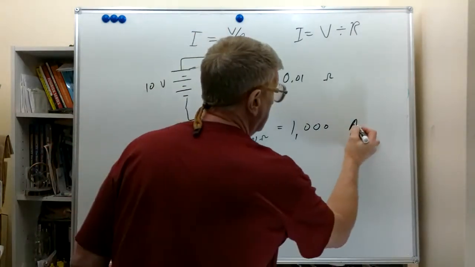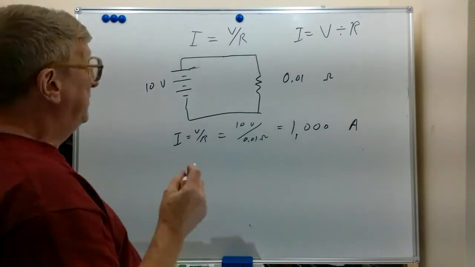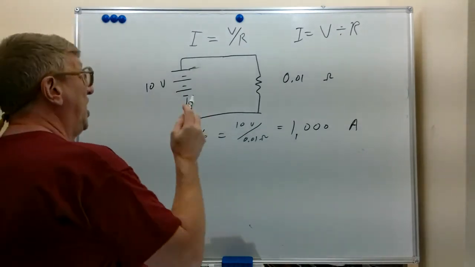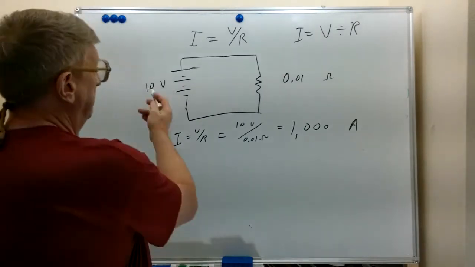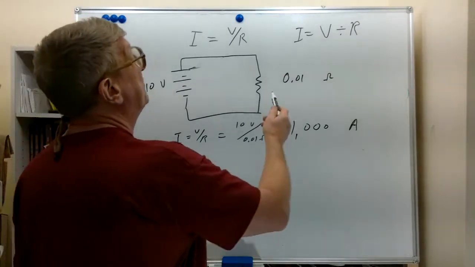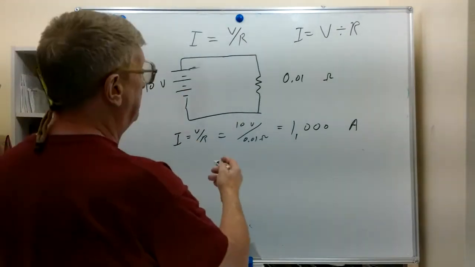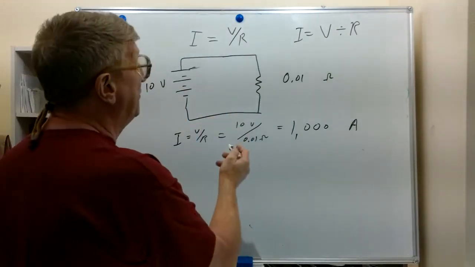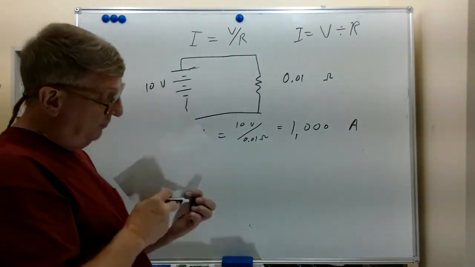So here we have an example that shows that we do not necessarily have to have a high voltage to get a high amperage. We had not a very high voltage, 10 volts. We had a very low resistance, 100th of an ohm, and we ended up with that 10 volt, not very high voltage supply, providing 1,000 amps of current flow.